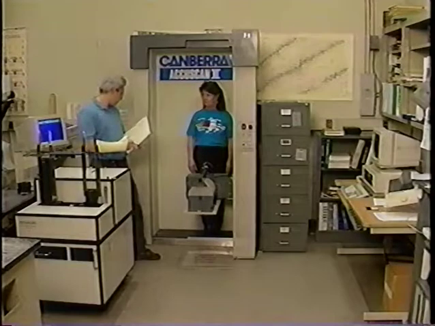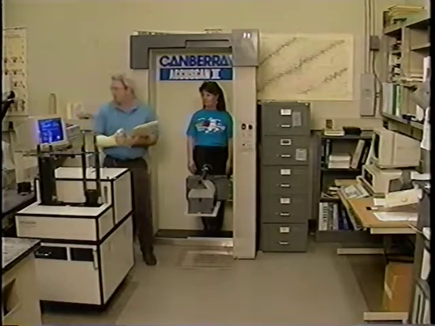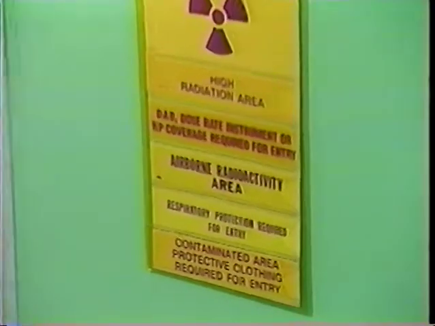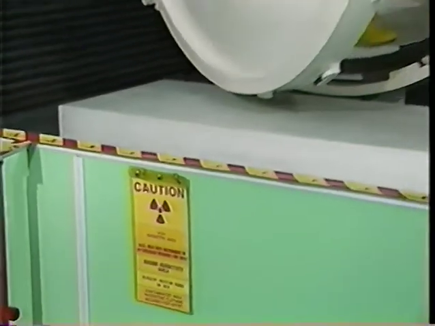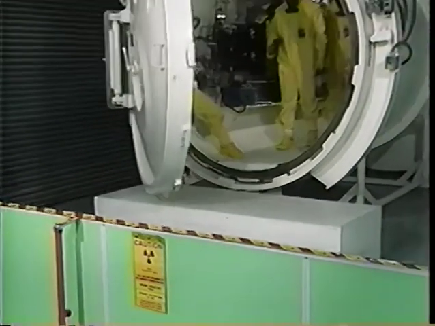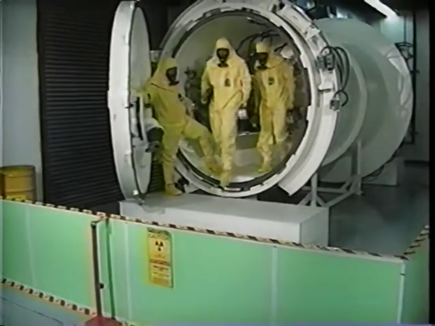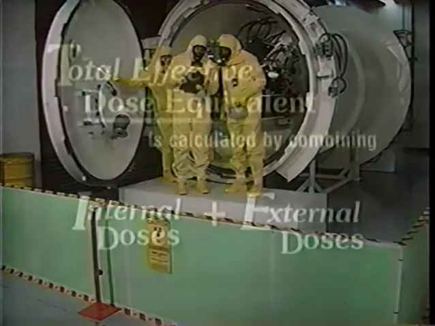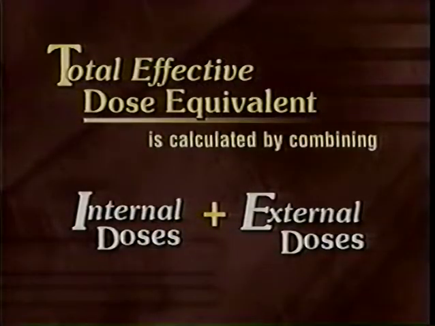The resulting total effective dose equivalent will not exceed the 5 rem limit. Incidentally, our scientific evidence indicates that a rem of radiation dose has the same biological risk regardless of whether it's from an external or internal source. Another key measurement is the total effective dose equivalent, which is calculated by combining the internal and external doses.